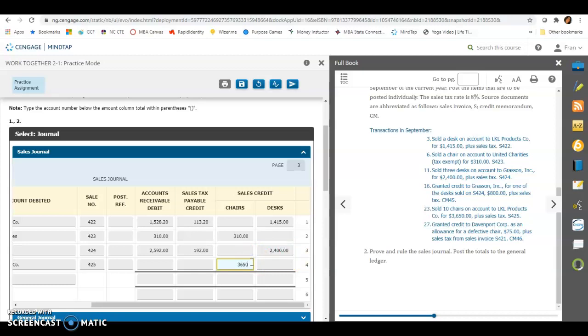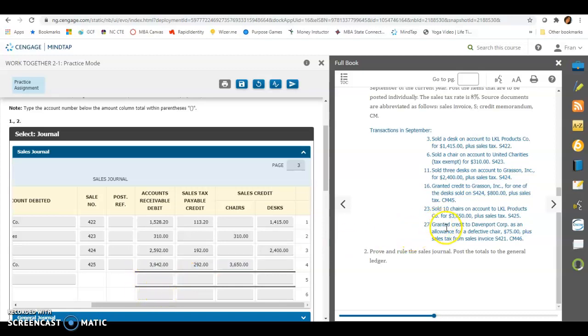We figure out what the tax on those is, and that is $292, 8%. Add the two together to figure out how much they exactly owe us, and we get $3,942.